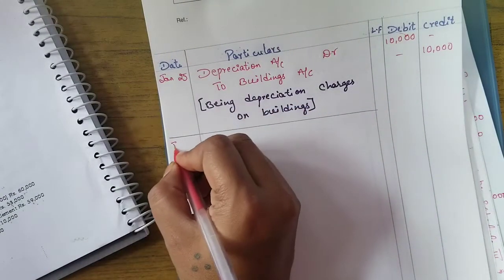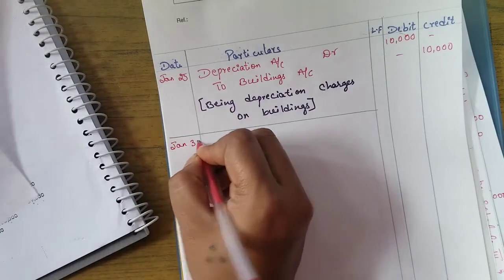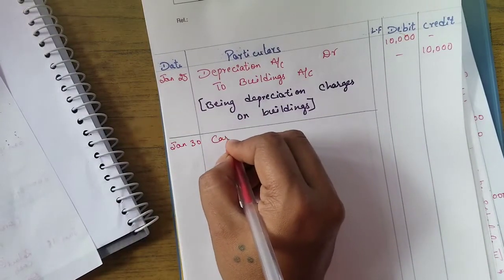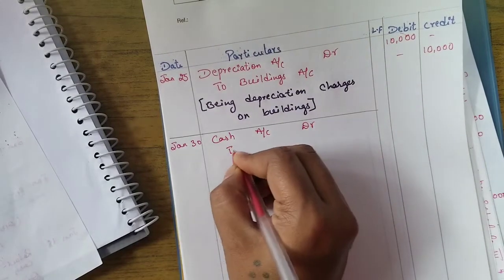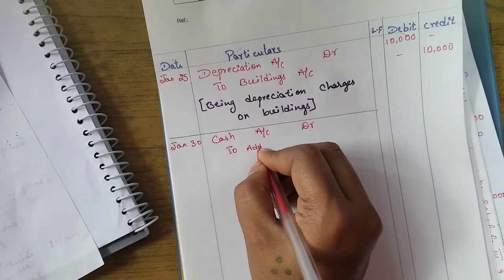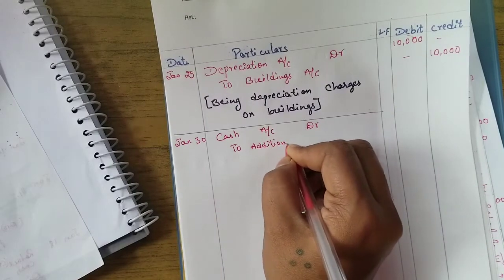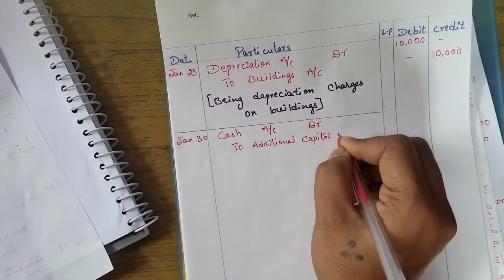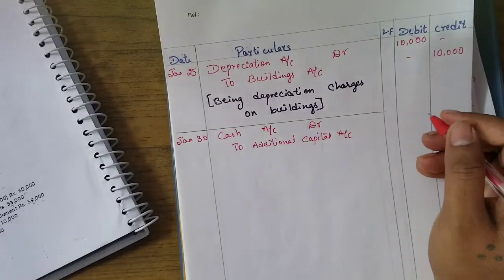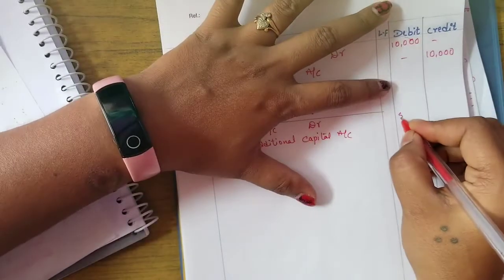So here on Jan 30th, cash account debtor to additional capital account, amounting rupees 50,000.